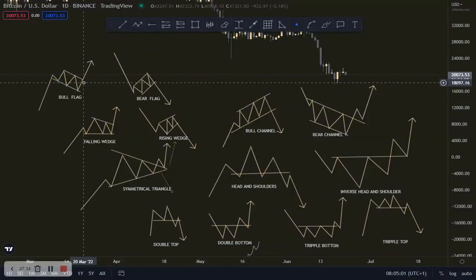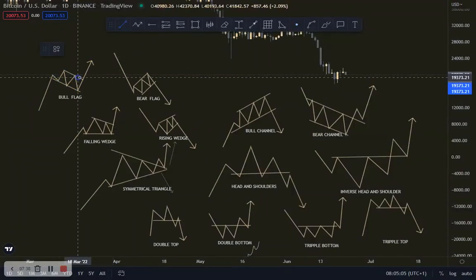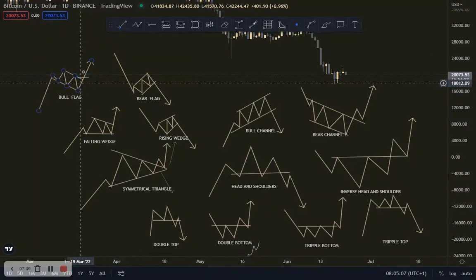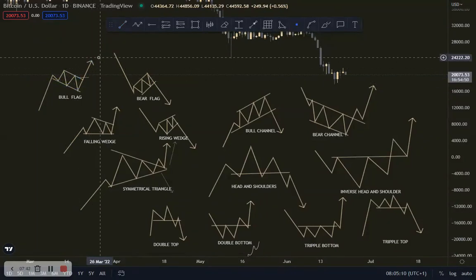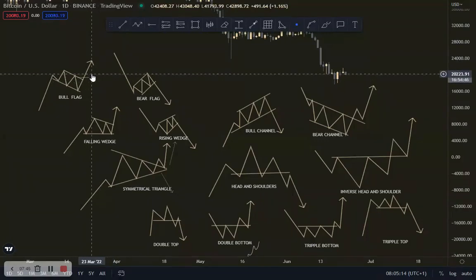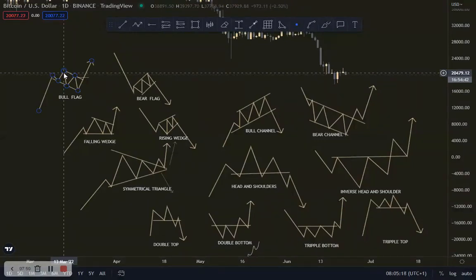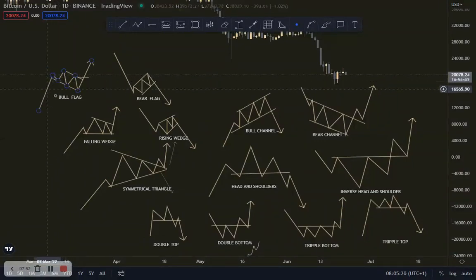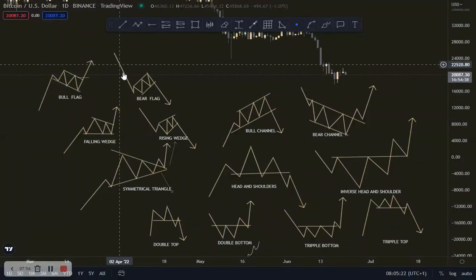On the breakout of the flag, you must wait for the break of structure, the breakout of the flag, to happen impulsively before you take your trade, right? So that's the bull flag. A bear flag is the opposite of a bull flag, right? A bull flag occurs in an uptrend, a bear flag occurs in a downtrend.